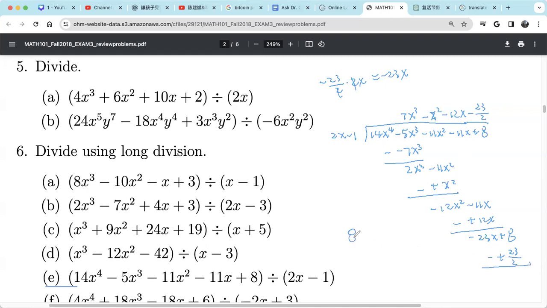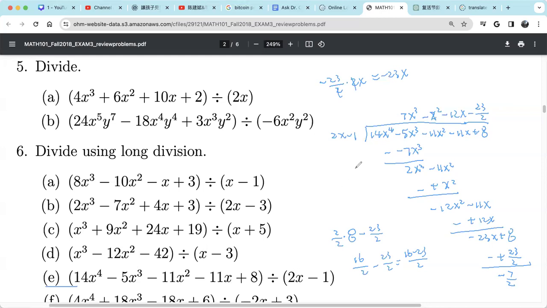So 8 subtract 23 over 2. We change this to be 16 over 2 minus 23 over 2. Well, 16 minus 23, -7, right? So get a -7 over 2 as a remainder.